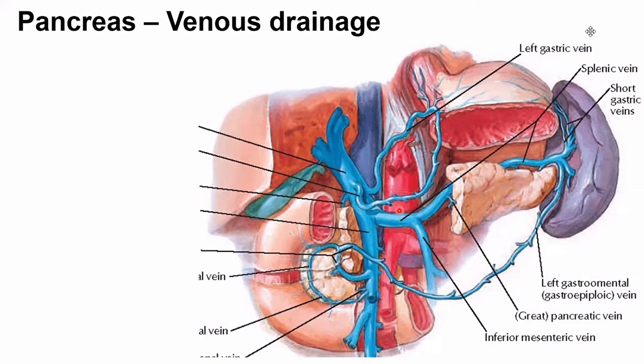Splenic vein joins with superior mesenteric vein to become portal vein. The superior mesenteric vein drains the venous blood coming from the rest of the small intestine. The appendix area, the ileum, the jejunum, and the distal part of the duodenum. This is the portal drainage.